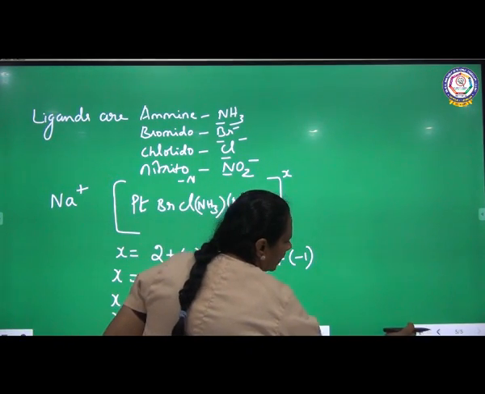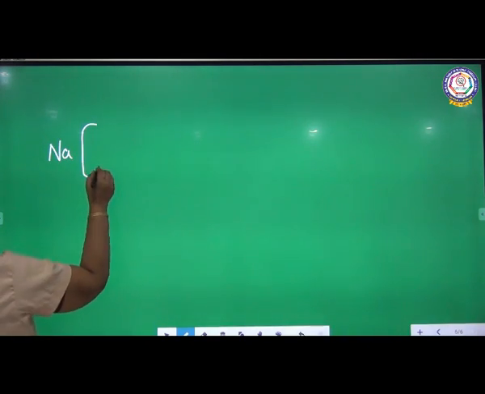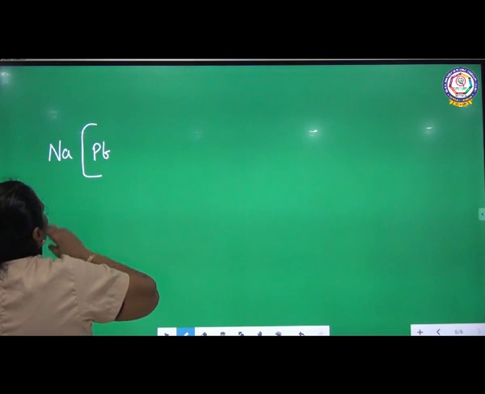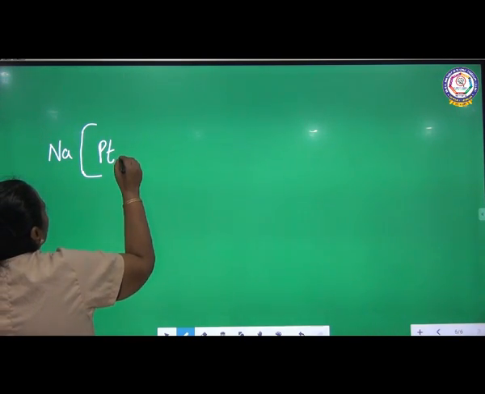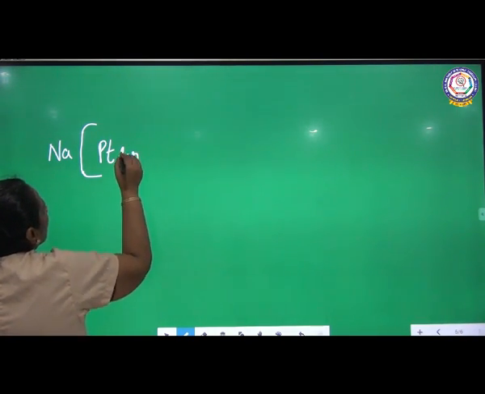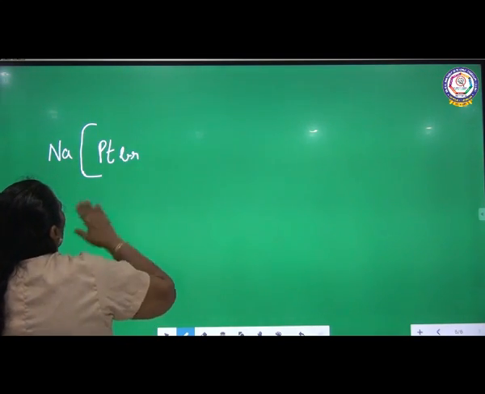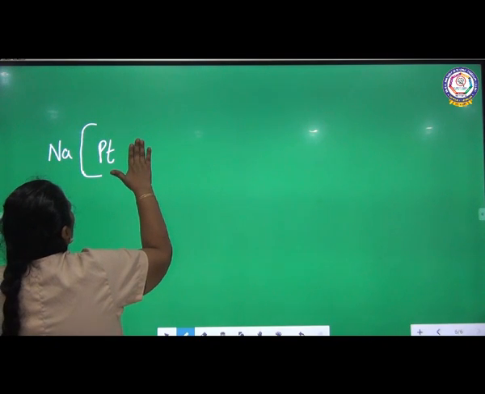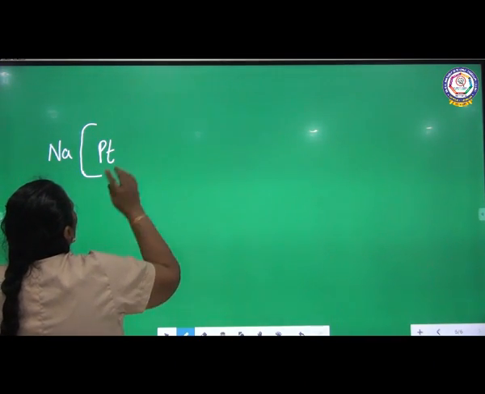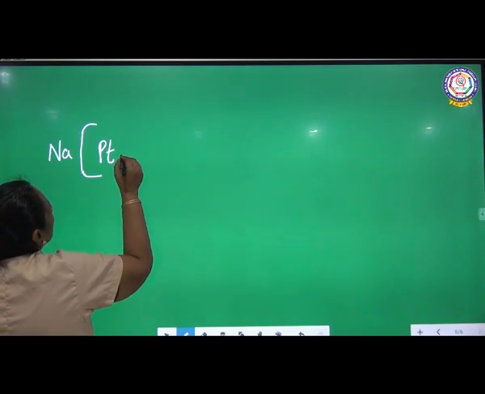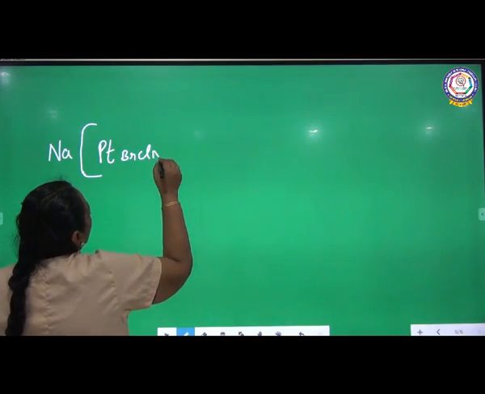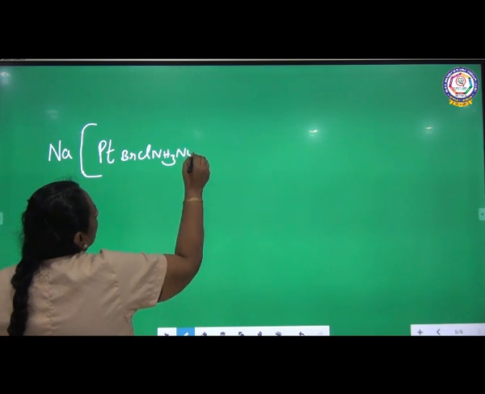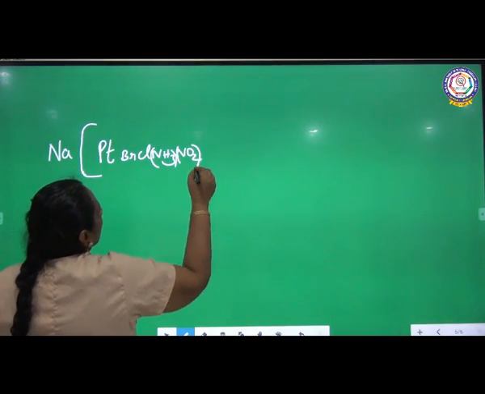So if I write the complex: Na, platinum, bromido, chlorido, amine, nitrito N, close the square bracket.